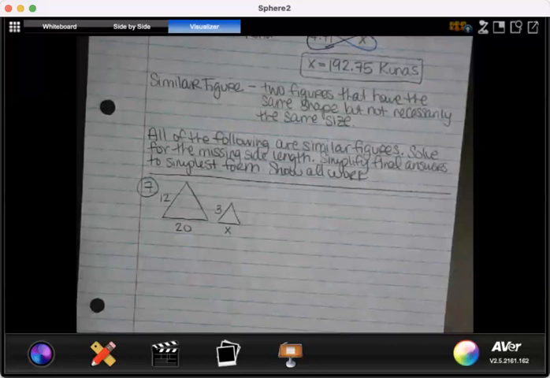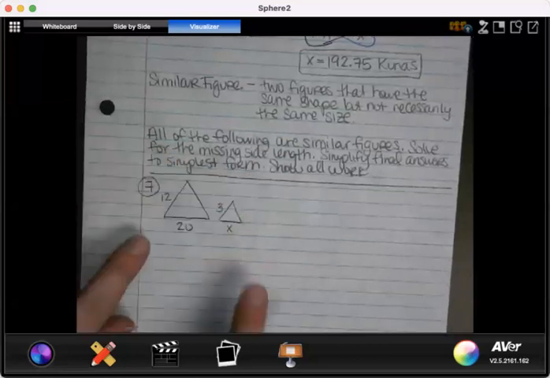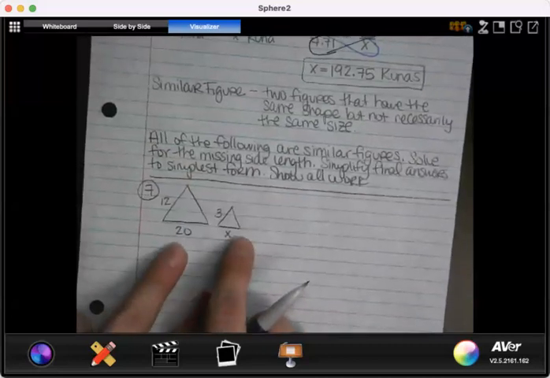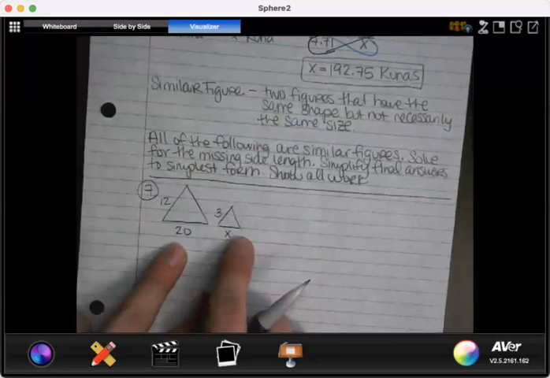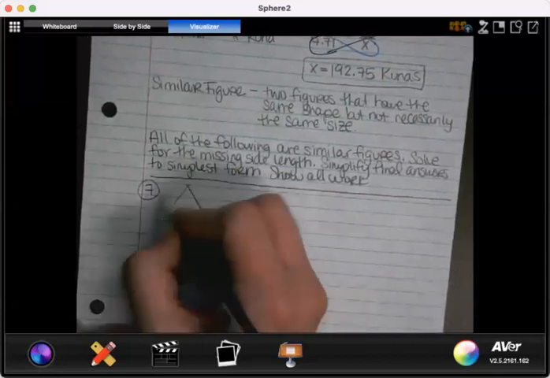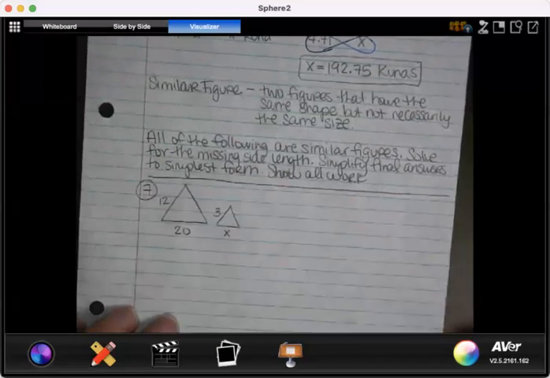Now, with similar figures, there's lots of different ways you could set up a proportion. You could set up a proportion between the big triangle to the little triangle, the diagonal sides, or the flat sides of the bottom of the base. Most commonly, students work from left to right and set up a ratio of the first image and set it equal to a ratio of the second.